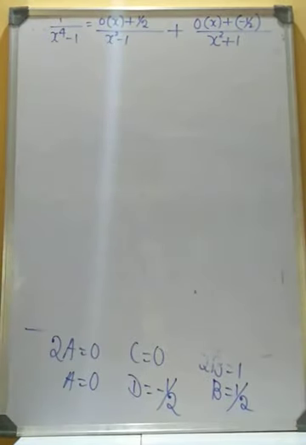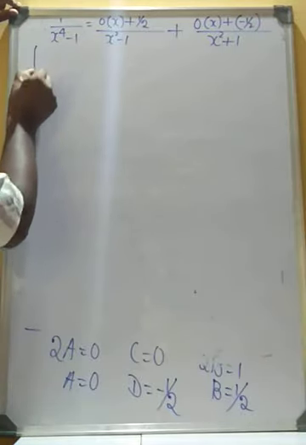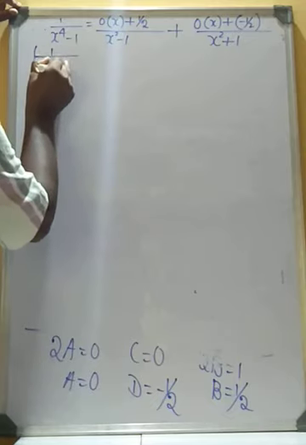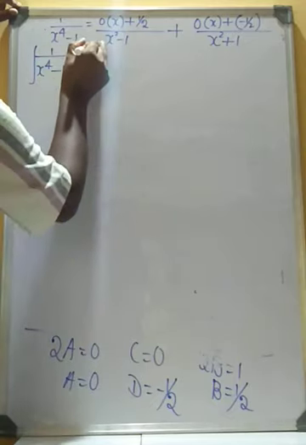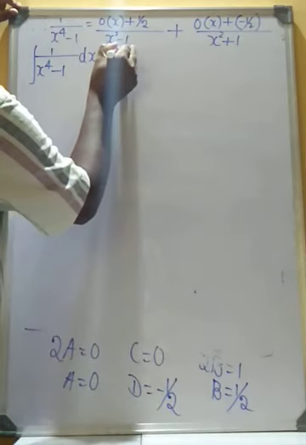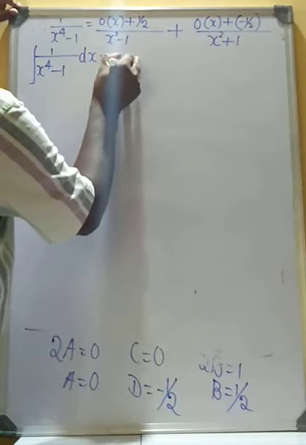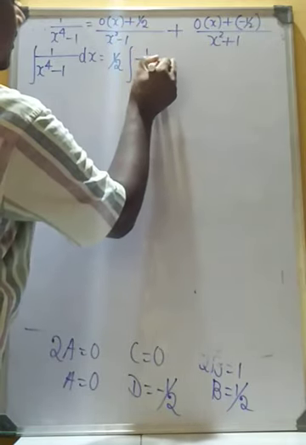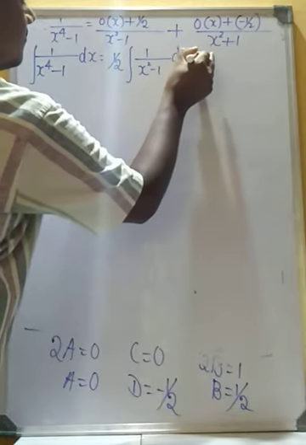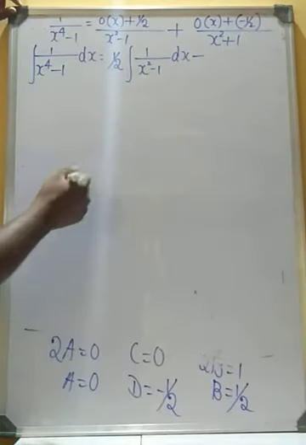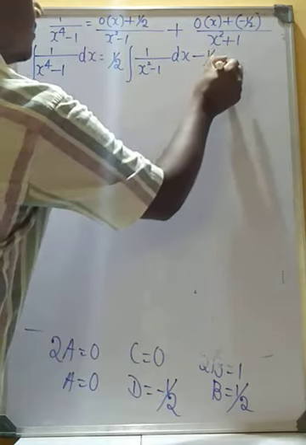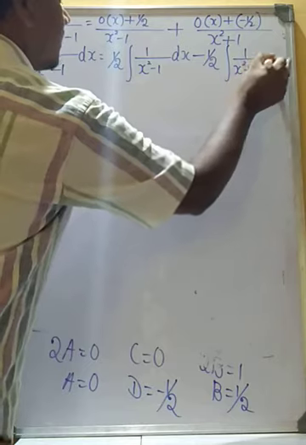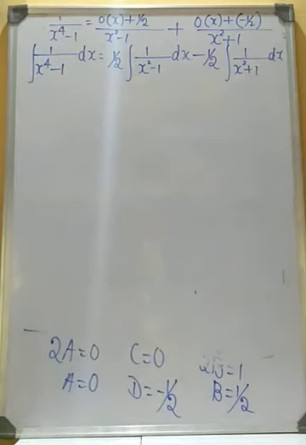Now taking integration on both sides, the integral of 1 by x to the power of 4 minus 1 into dx is equal to, taking the constant 1 by 2 outside, the integral of 1 divided by x square minus 1 into dx, minus 1 by 2, taking the constant outside, the integral of 1 divided by x square plus 1 into dx.